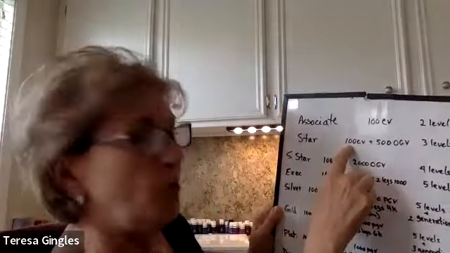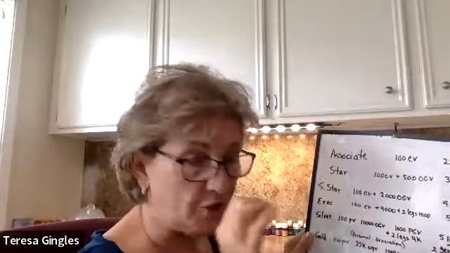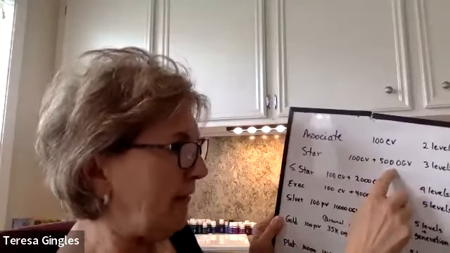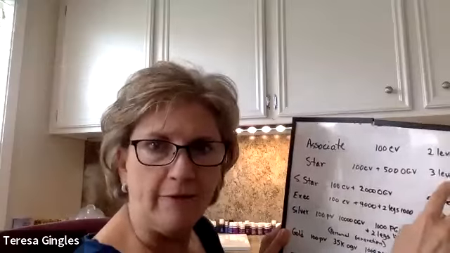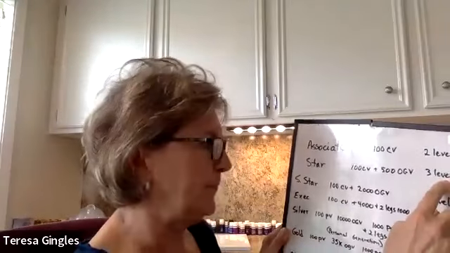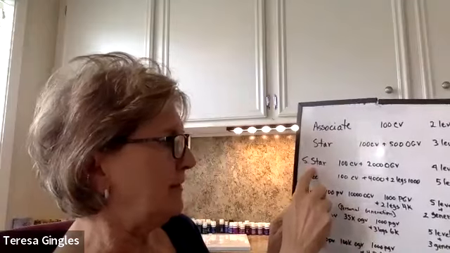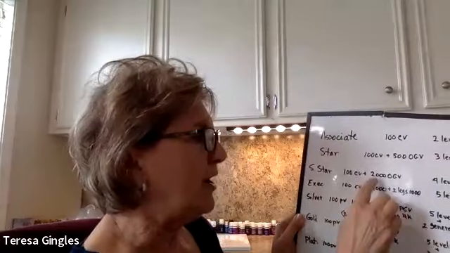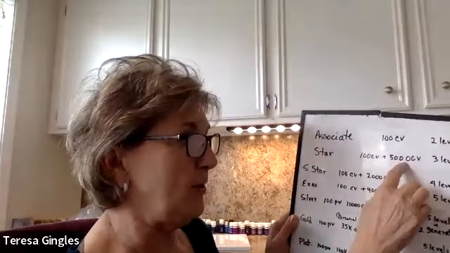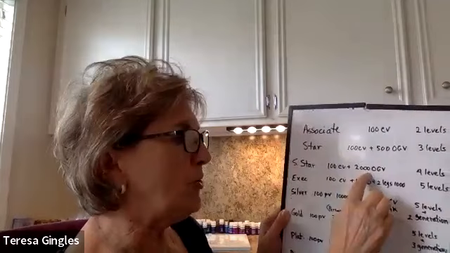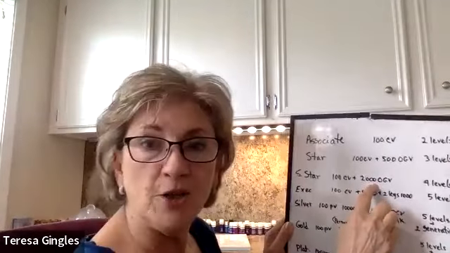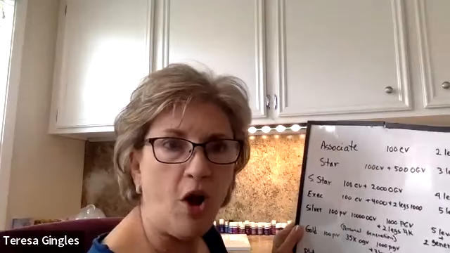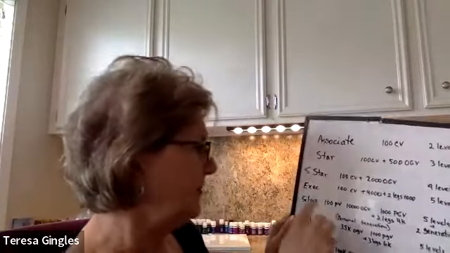So you have to have the 100 CV, which is just the customers or you, and then you have to have a total of 500, and then you get 3 levels in commissions. So as a senior star, then you have the 100 CV, plus 2,000 OGV. Up here it was 500, but to hit senior star, you have to have 2,000 OGV, and when you hit 2,000 OGV, then you get paid 4 levels down. You want to always get paid for all your levels.